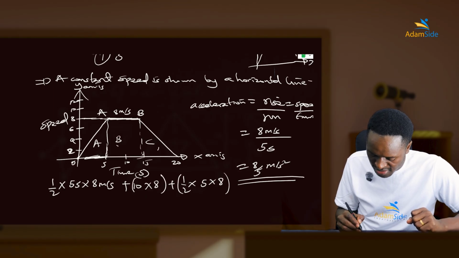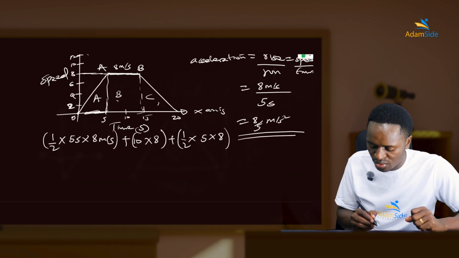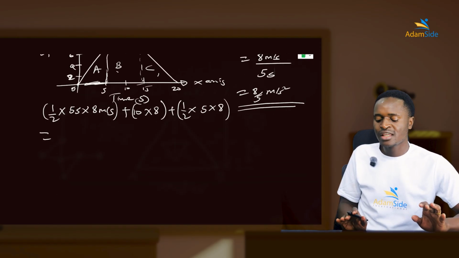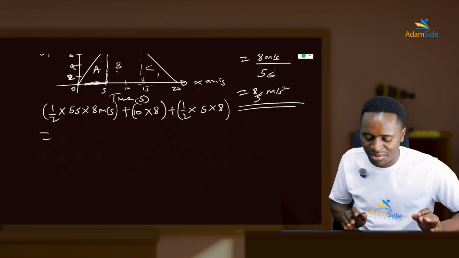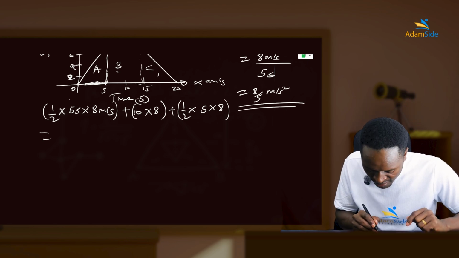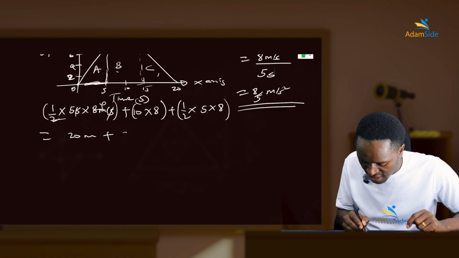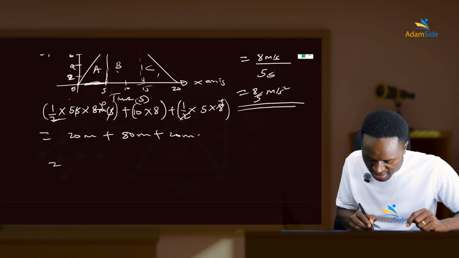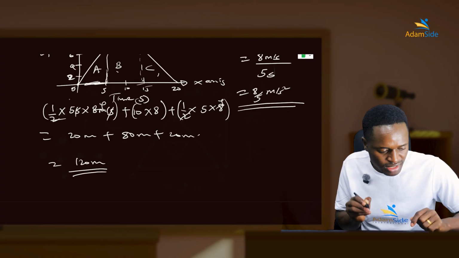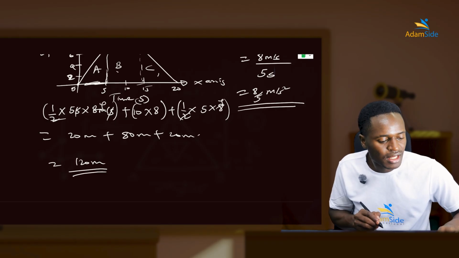If you add together, you get the total area, which is equivalent to the total distance traveled by this object. That's 20 meters plus 80 meters plus 20 meters. That means your answer is 120 meters. So the car covered 120 meters.